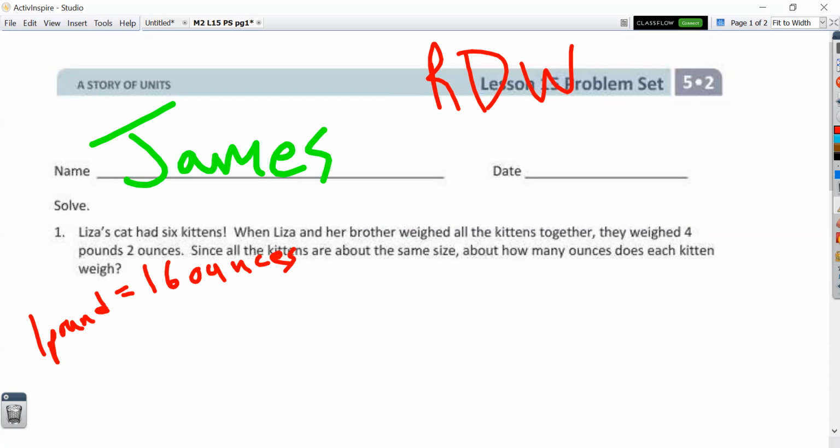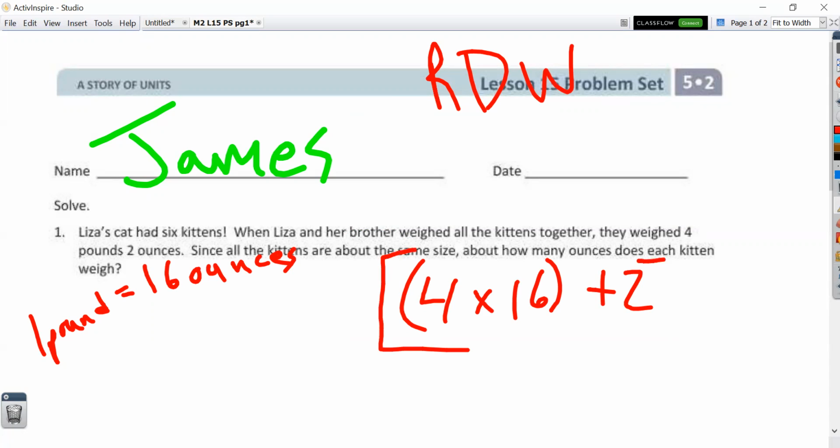So I'm going to write a little multiplication sentence first. Well, first I'm going to do 4 times 16. And then I'm going to add back those other 2 ounces to find out how many ounces altogether. Once I do that, it says since all the kittens are about the same size, about how many ounces does each kitten weigh?